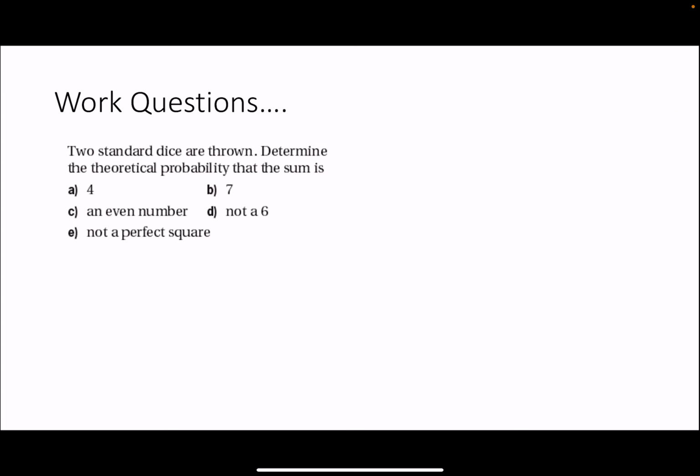So, work questions. 2 standard dice are thrown. Determine the theoretical probability that the sum is 4. So, theoretical probability. So how many ways can a dice be 4? 2.